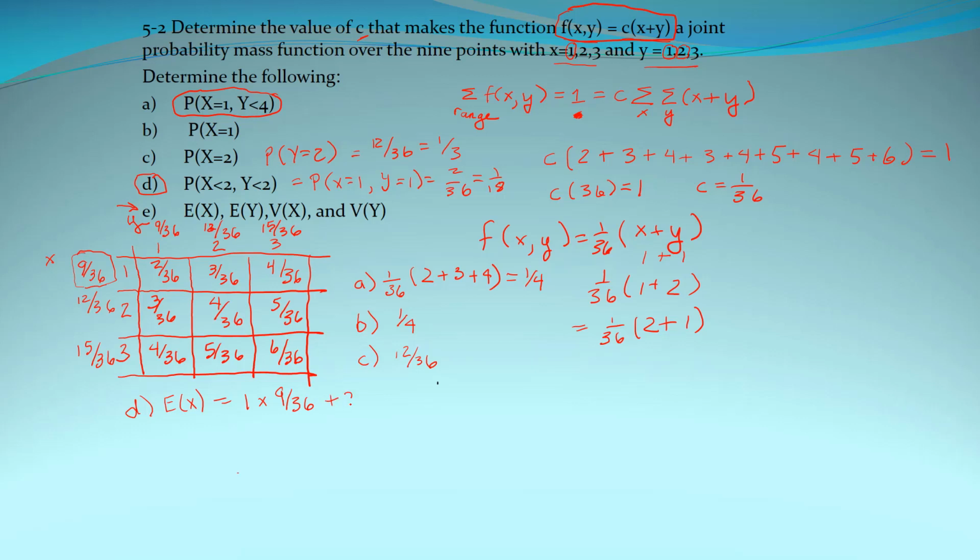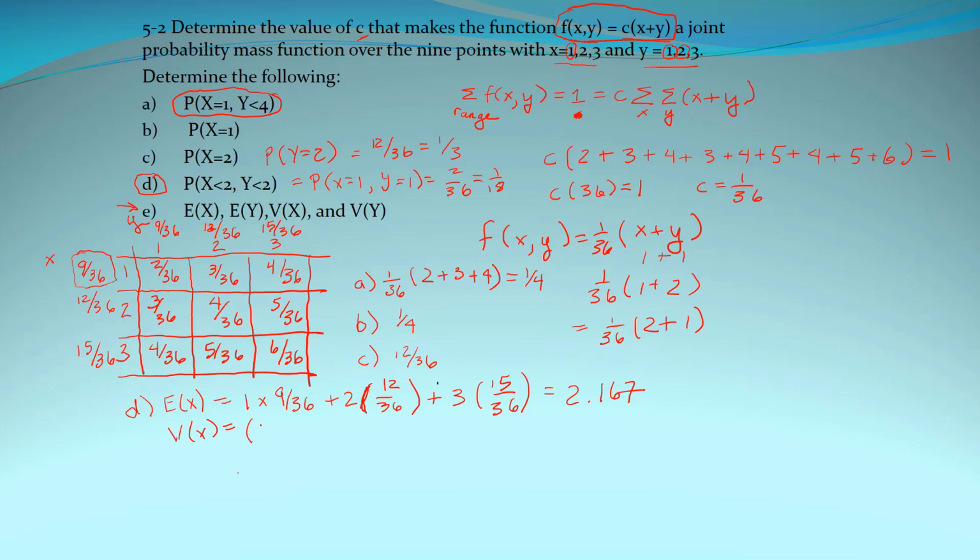And then 2 times the probability that the 2 will occur, which is 12/36, and then plus 3 times the probability that the 3 will occur, which is 15/36. And that all ends up being 2.167.